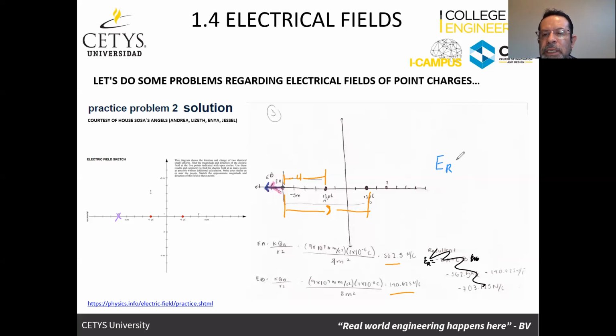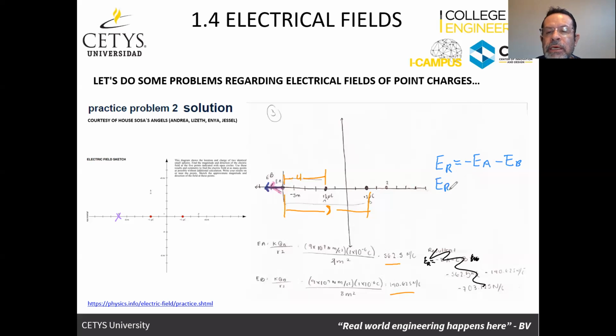ER is going to be equal to, both of the electrical fields are pointing to the left, so it's going to be minus EA minus EB. Sorry.